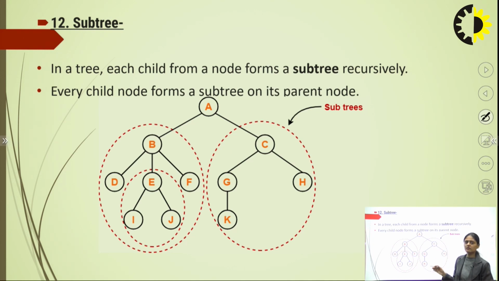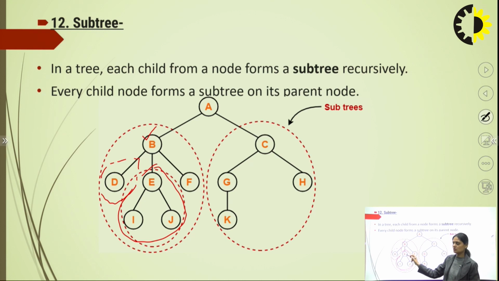That is why we always say that a tree is recursive, because as we can see, the whole tree has the root A and it has some child nodes. Similarly, over here B is the root and it again has subtrees. This is a subtree, and this is again a subtree.